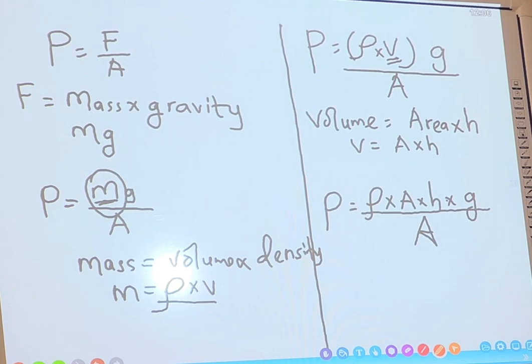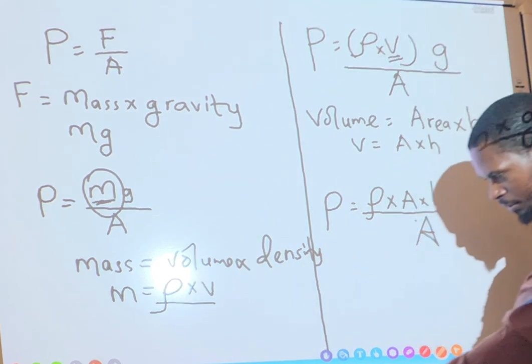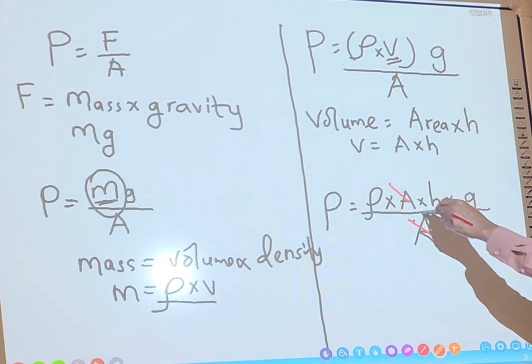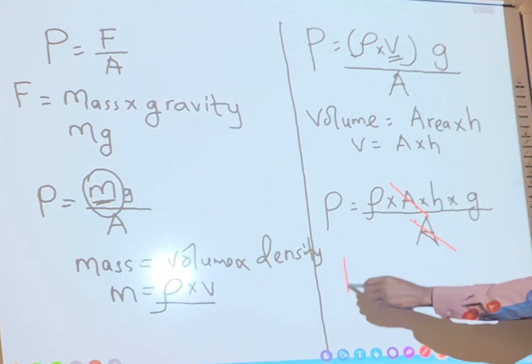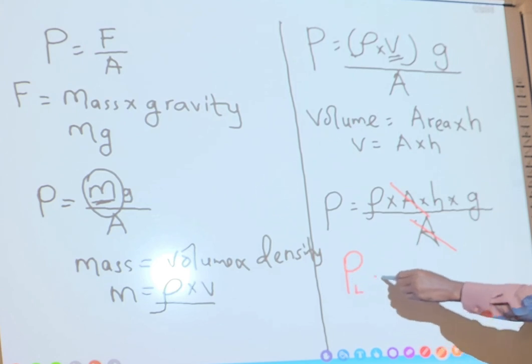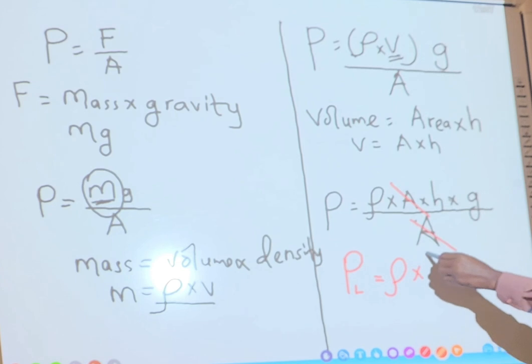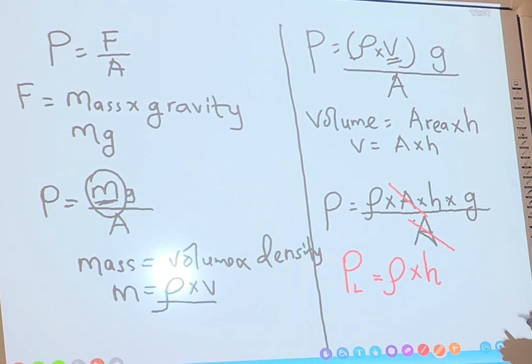Now what remains is to simplify. What is common between them? It is A. So A and this A cancel. Therefore, the last equation follows as density multiplied by depth multiplied by the gravity pull. That is how we derive it.